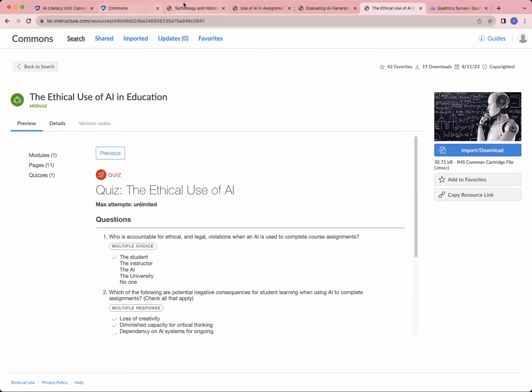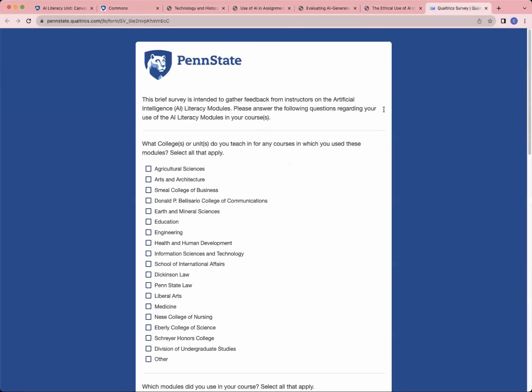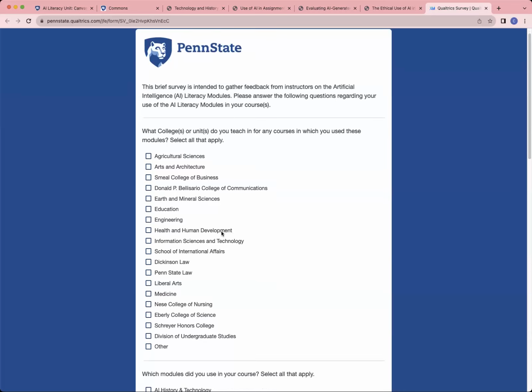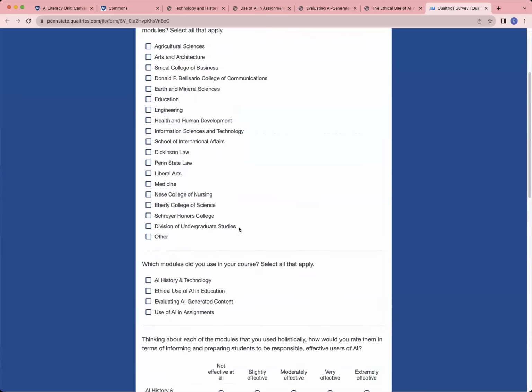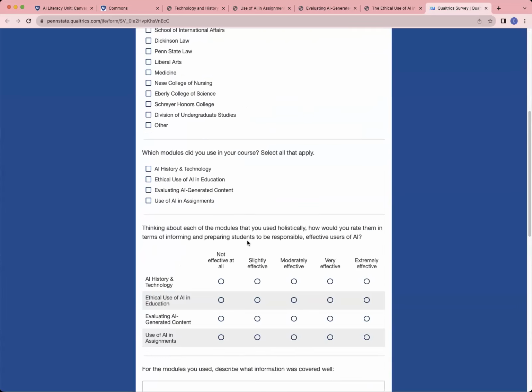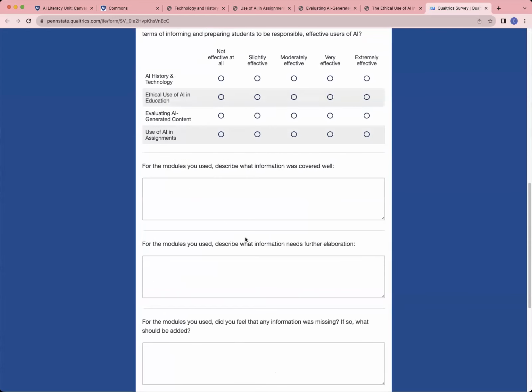So that is the gist of the modules. And again, the kind folks who authored a lot of this are here. If you have specific questions about any part of this, I do want to again draw your attention to the survey that we included, which will help us understand what you found valuable, what you find is missing, and we will directly incorporate that feedback into future iterations of this.